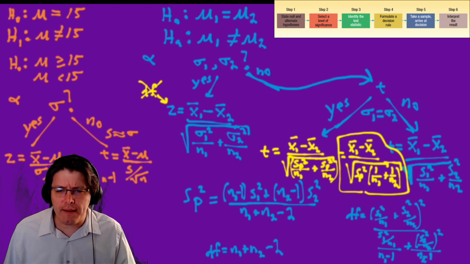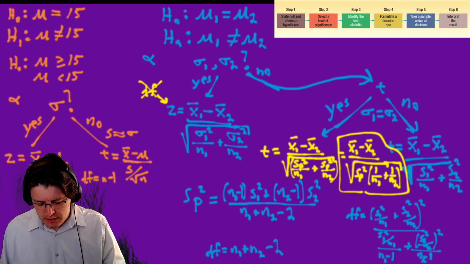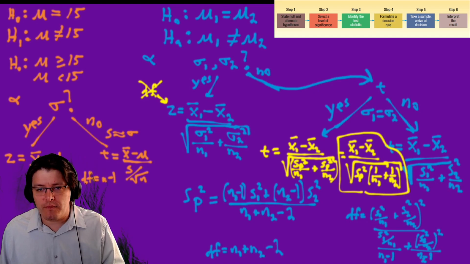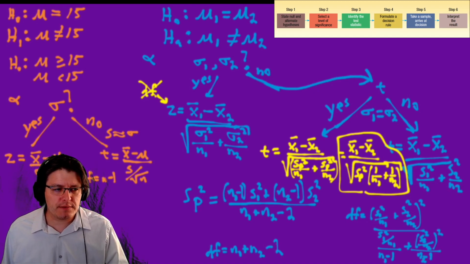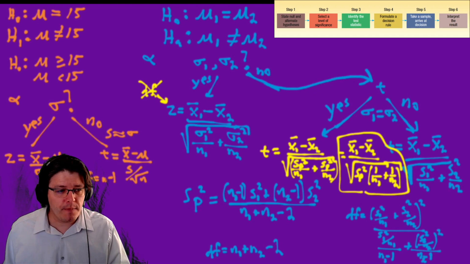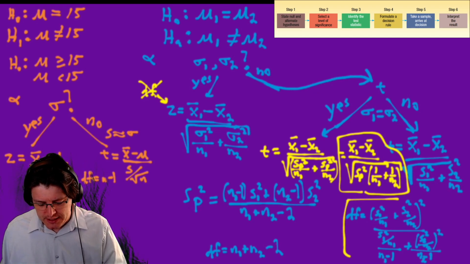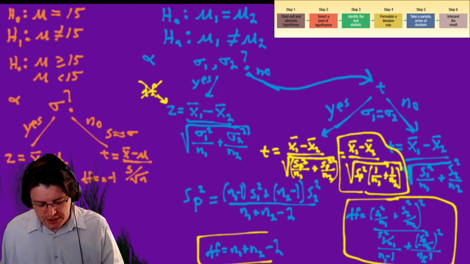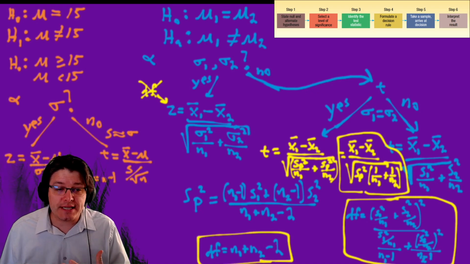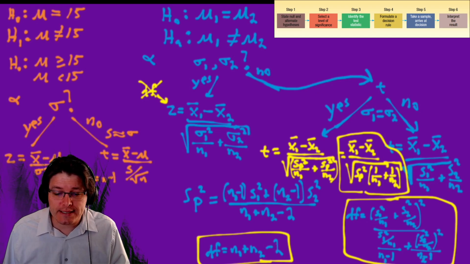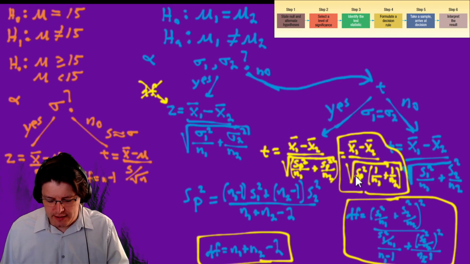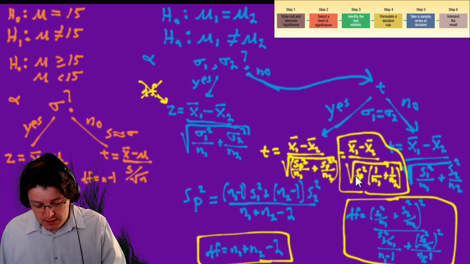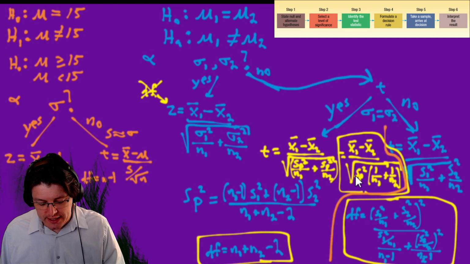So for the T, if we don't know the sigmas, or if we don't think they're the same, this is our degrees of freedom calculation. Okay, so it's one of these two. If you think that they're the same, if we're in yes, then we do this. I realize the confusion might be that we have a dividing line here.